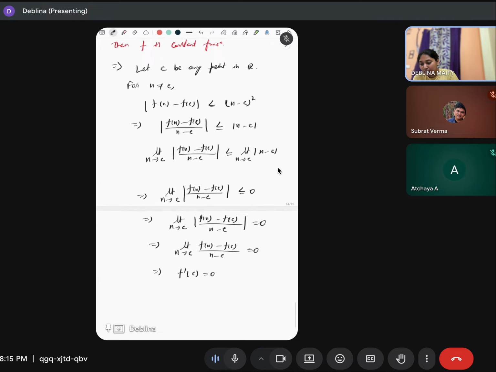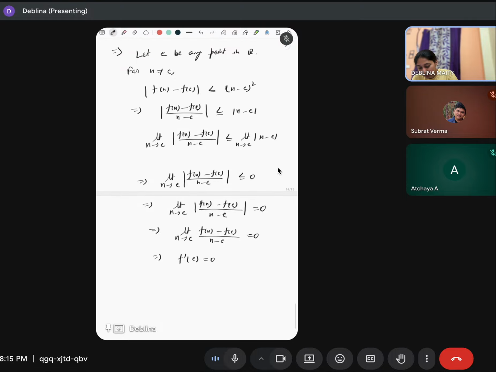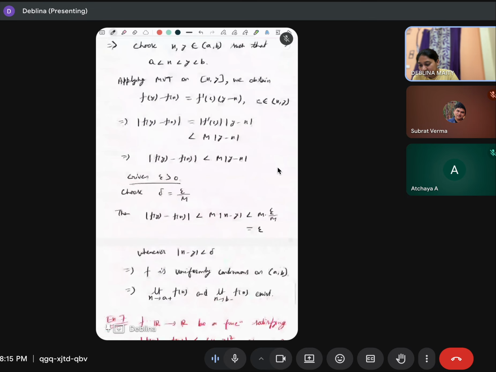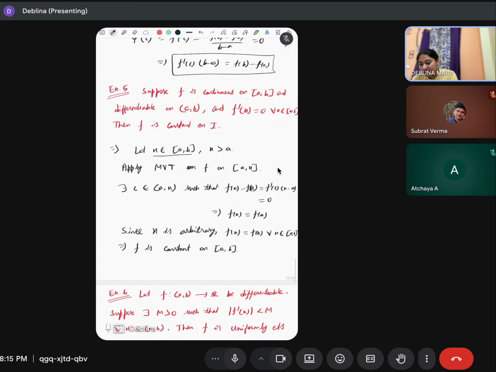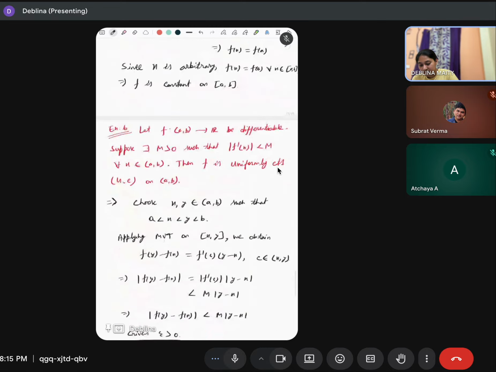Now since c is an arbitrary point in R, this implies f dash x is 0 for all x belongs to R. And you have already seen in exercise 5 that if f dash x is 0 on the whole interval, then f is constant, right?